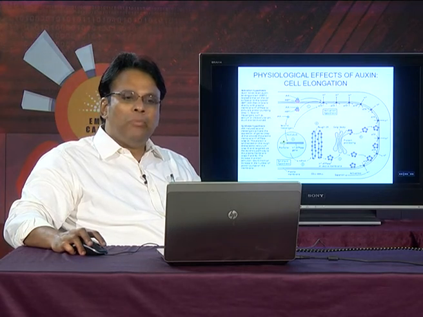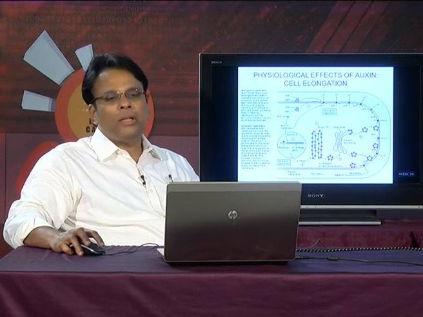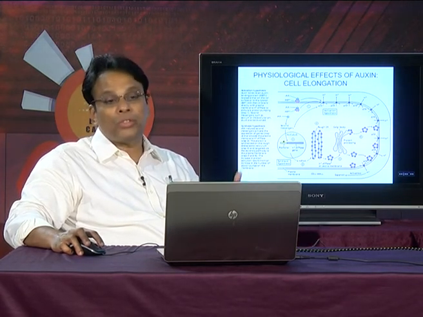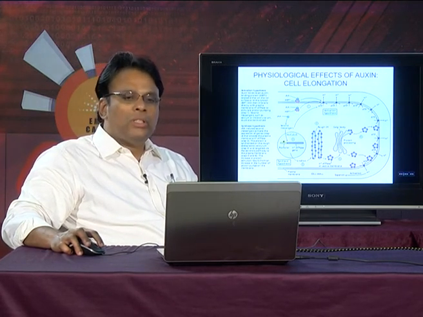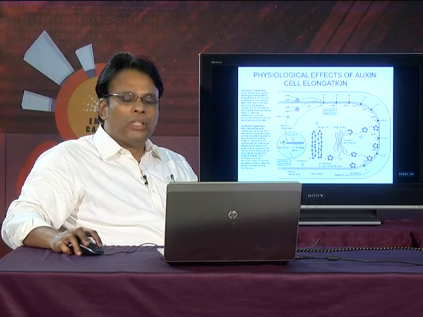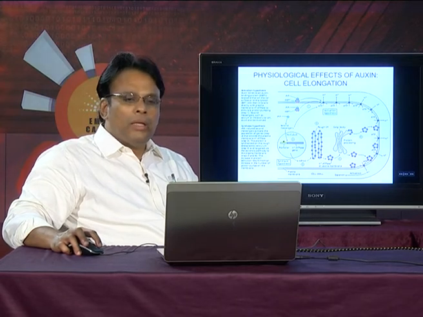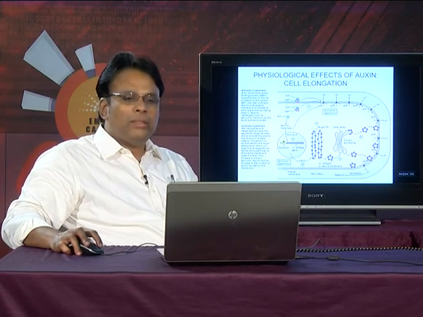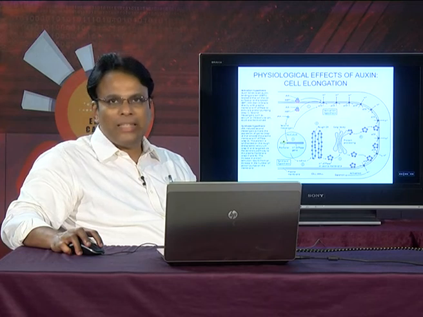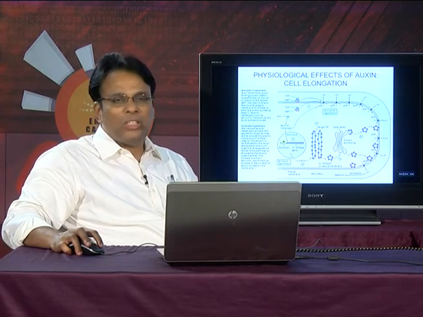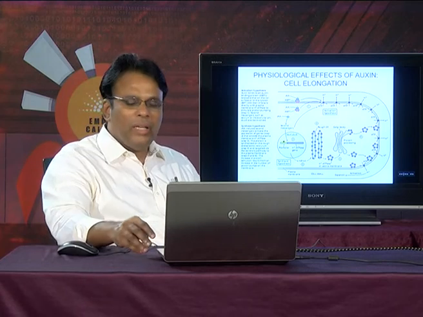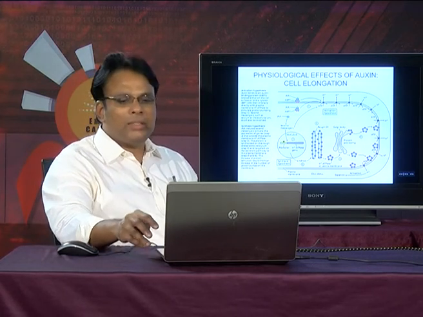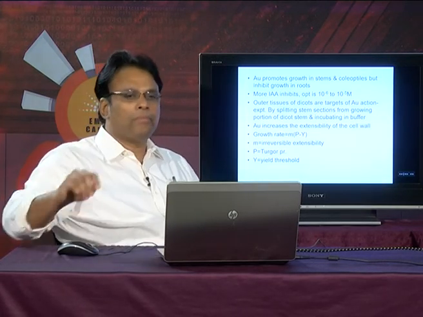Whether the existing ATPase or new ATPase, it will result in the extrusion of protons towards the cell wall, and more protons in the cell wall region. You see here there are a lot of protons being extruded, H plus is extruded, and once we have more H plus, the activation of expansin takes place, and more expansin means the cell expansion takes place. So this is how one of the basic effects of auxin, that is the cell elongation, is happening.